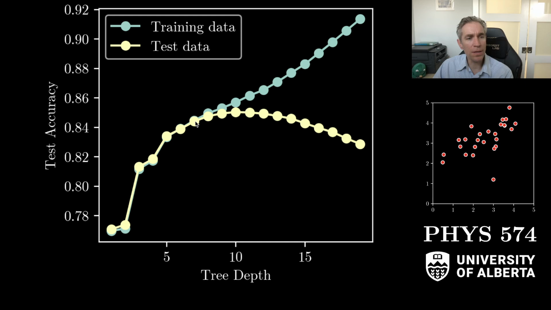Or you can go a little bit shallower, because that's the point before which the testing and training data start to diverge. That could be the depth. And so that'll give you 7 to 10 as how deep you should go. And you'll notice there's not much change in performance for the test over that range.